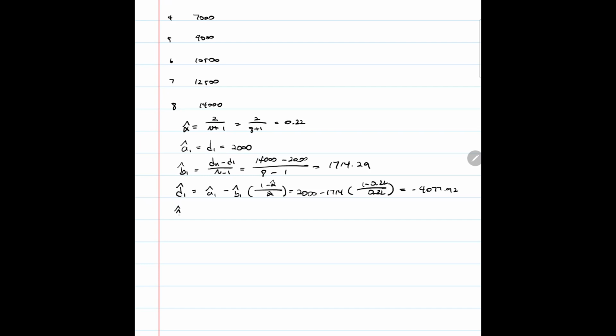So next one, we want to calculate D double hat, and we can just simply multiply the second half.